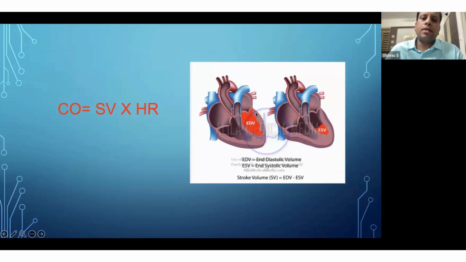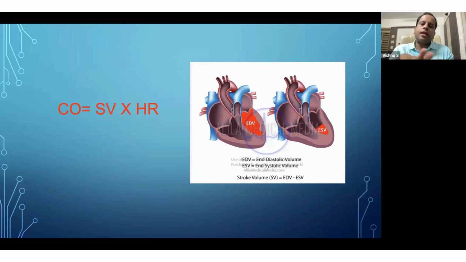In tachycardias, the diastolic filling period is shortened, so effective filling of the heart is impaired. The forward cardiac output will be affected. The heart rate goes up, stroke volume goes down, so cardiac output is impaired or just maintained.